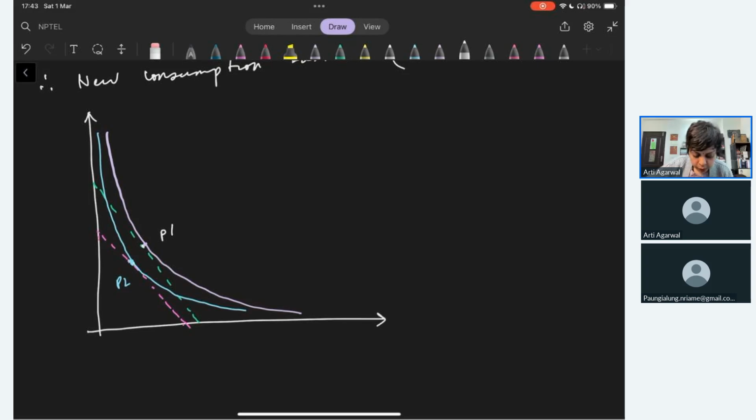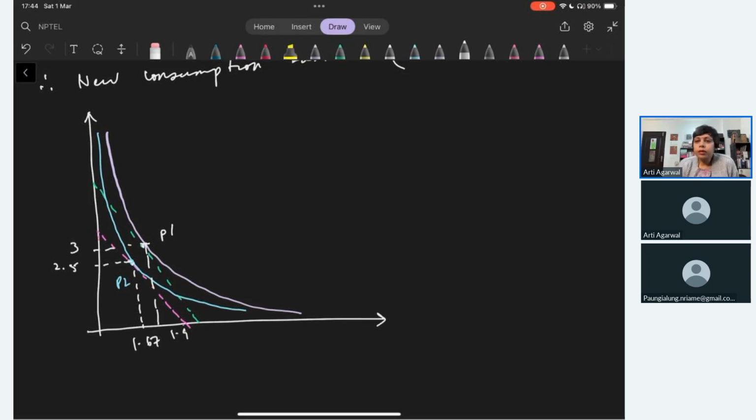So you can see that this is the new x, this is 1.67, and this is the new y, this is 2.5. This was originally 3, and this was originally, say, 1.9. So your consumption has shifted to the left and down. So it has shifted to the next indifference curve, which is satisfying the new budget constraint.